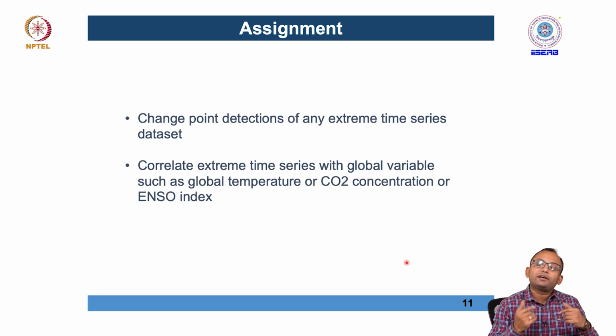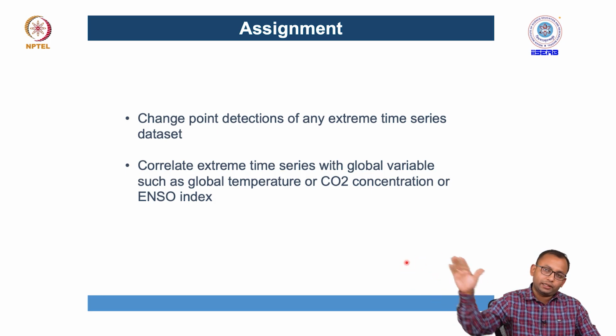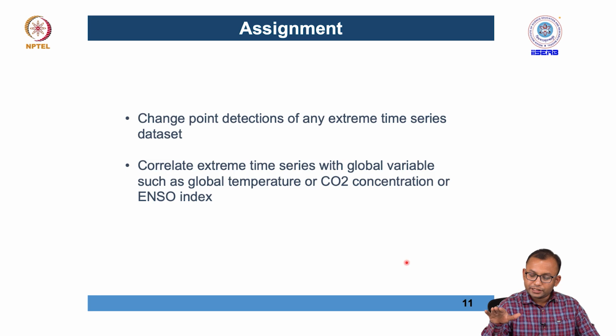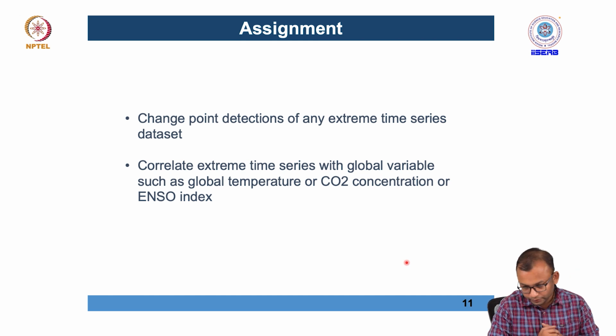You can take the extreme time series data set and look at where there is a significant change, where any change point exists in the data set, and calculate it. There are multiple tests, let us say the Pettitt test you can apply, or you can simply use two probability based models and compare the CDF or PDF changes in behavior.